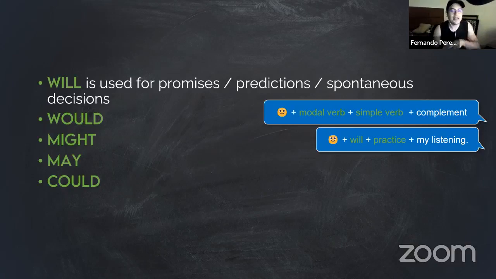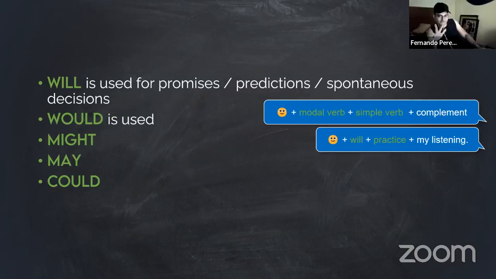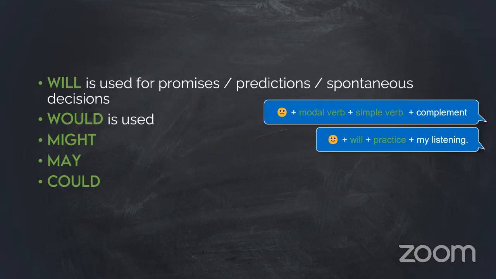In the same formula, we can use would, but for a different application. Picture this example. Would you like? It's a combination of present and future because it's an invitation.